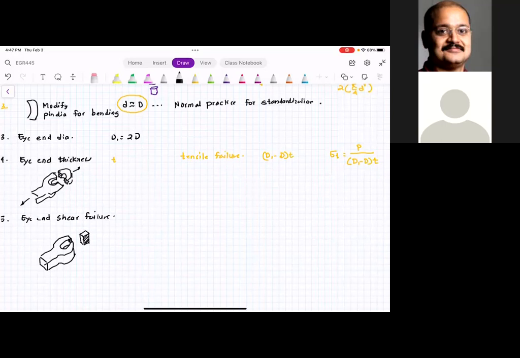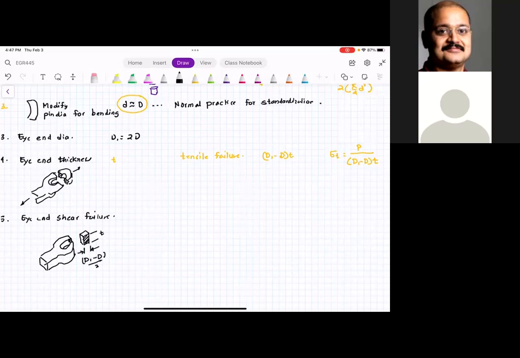If you look at this, this is thickness T, and this dimension is (D1 minus D) divided by 2. Everyone understood this?